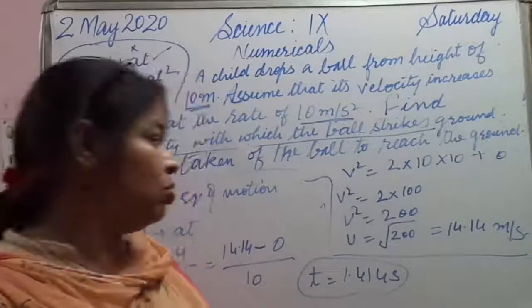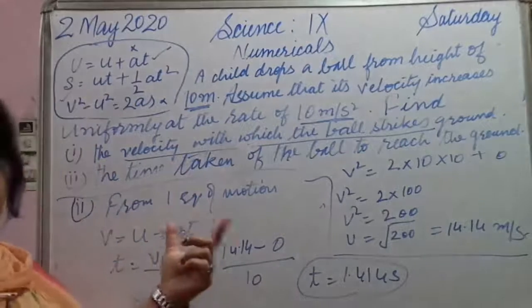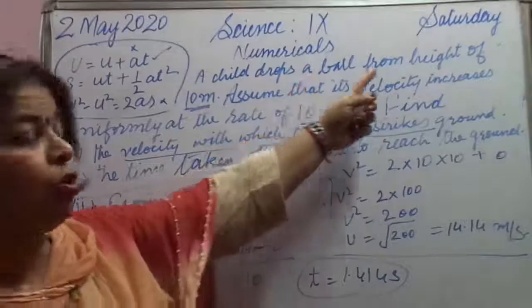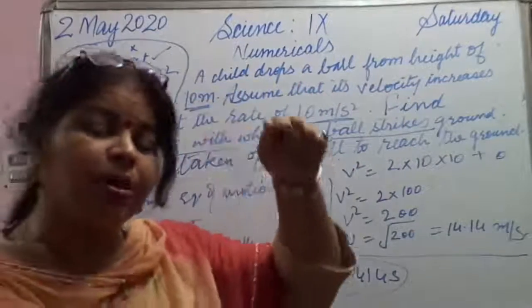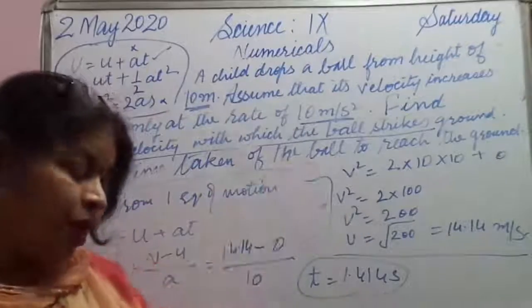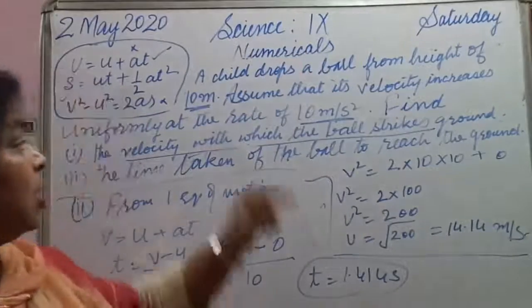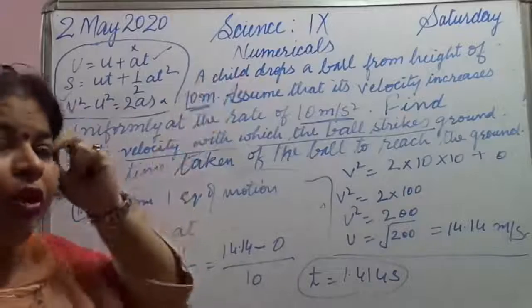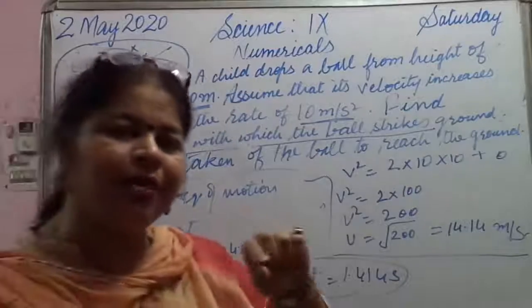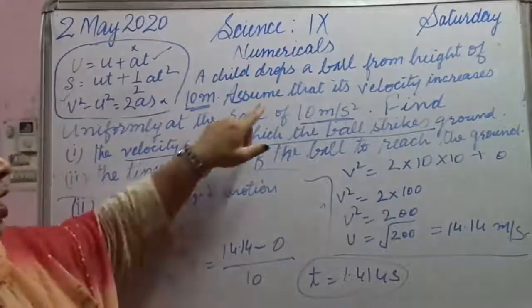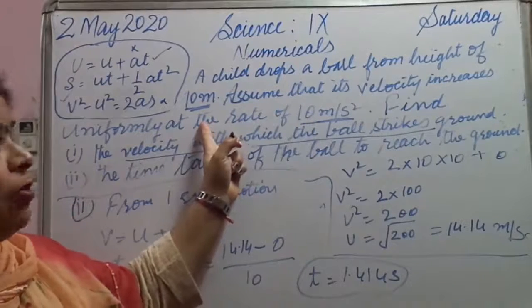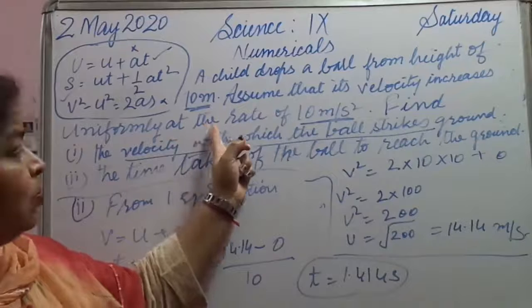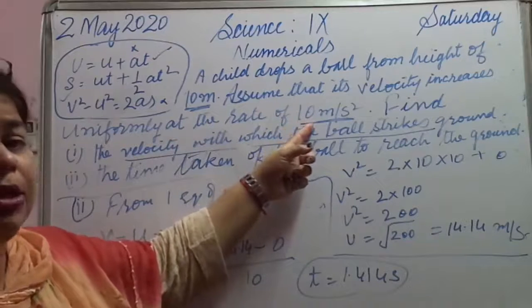Fine. So let us again see this. What is the question? A child drops a ball from a height of 10 meter. So S becomes 10 meter, the height from where the ball is traveling. Before it falls down, it is at rest. So U is equal to 0. Then the velocity is uniformly increasing, its acceleration is 10 meter per second square.